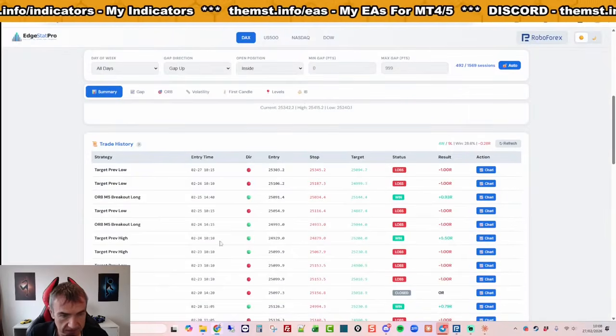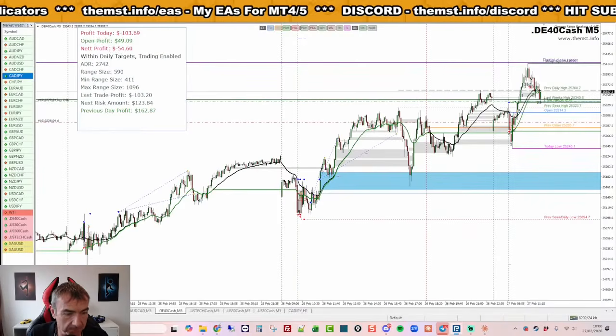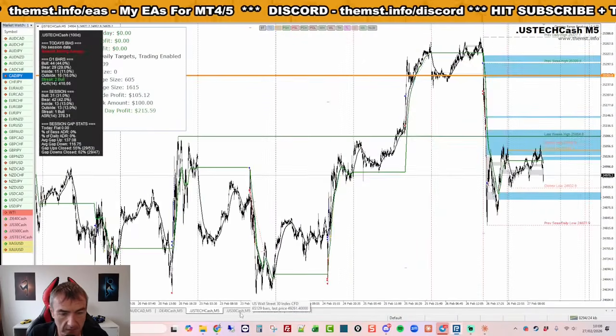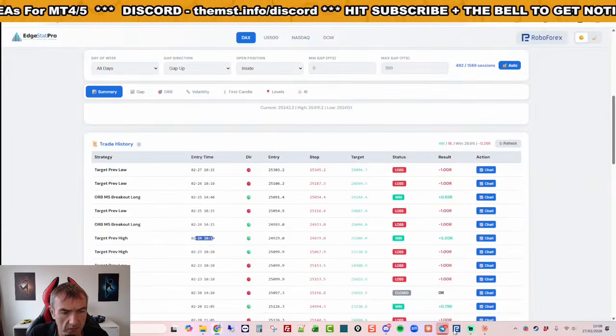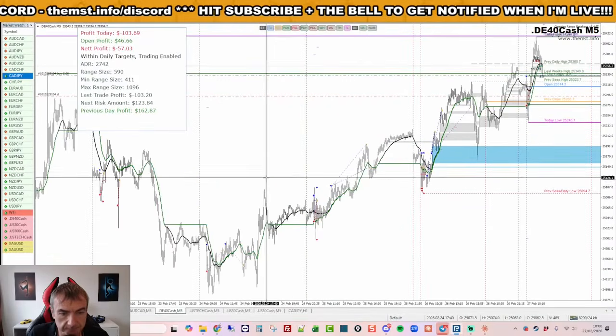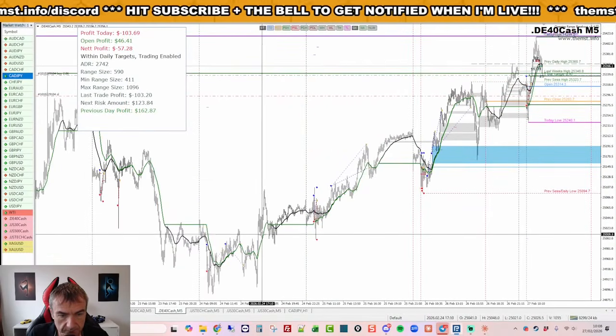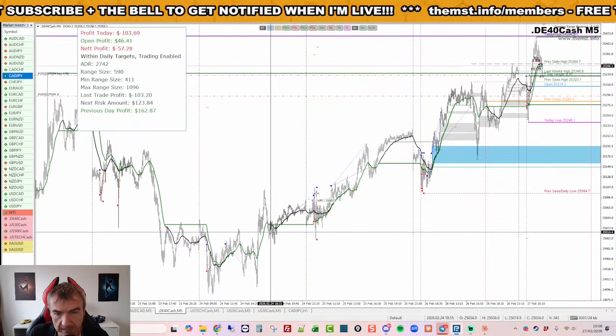Which one was that? That was that trade. So that was taken on the 24th of February. Let's see what happened after that. Where are we? DAX. 24th of Feb. So the trade was there. He would have hit target.